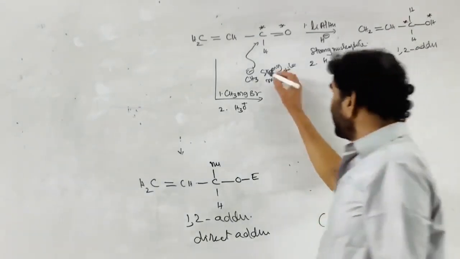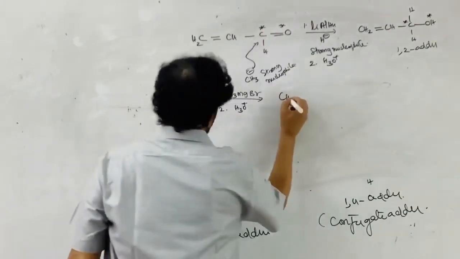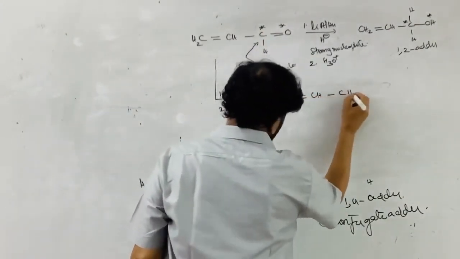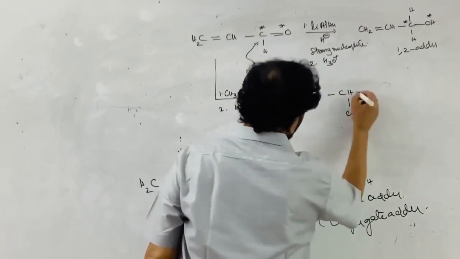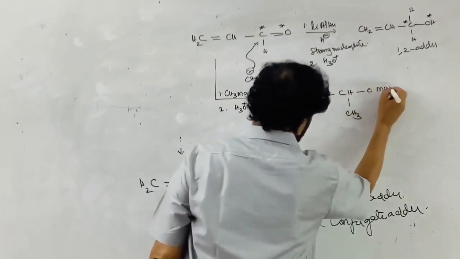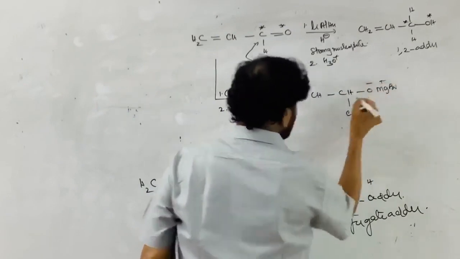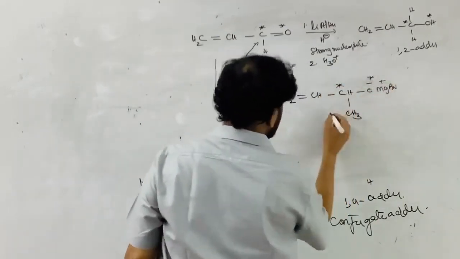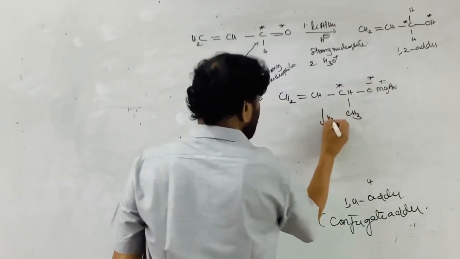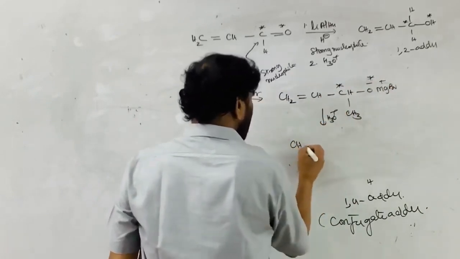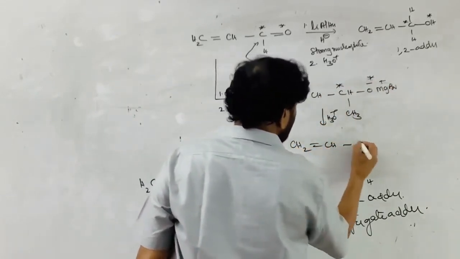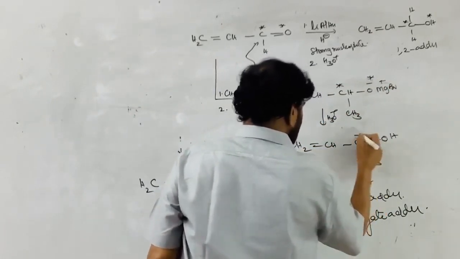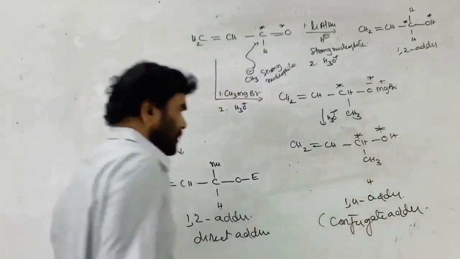That gives CH2 double bond CH, CH, CH3 O minus MgBr, that is addition is taking place on this center. On hydrolysis, acid workup, that gives the double bond CH, CH, CH3 OH.